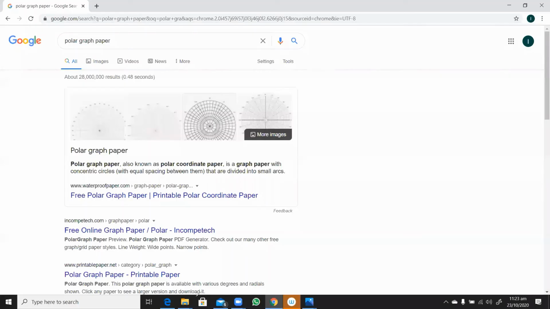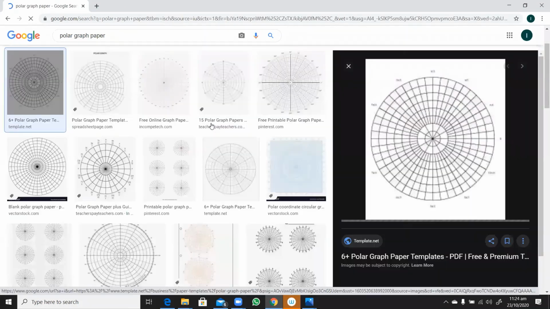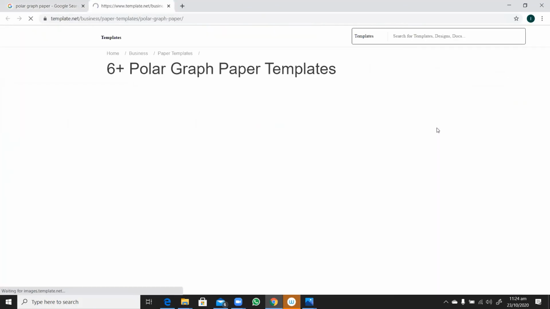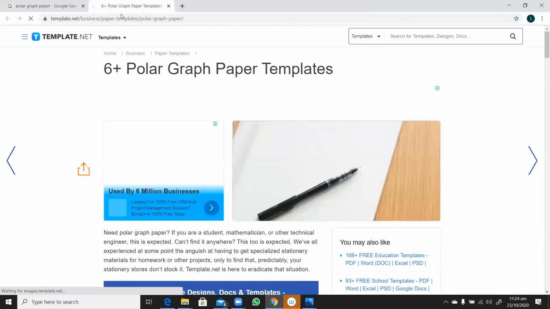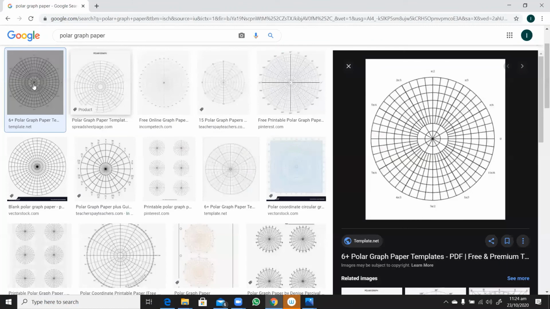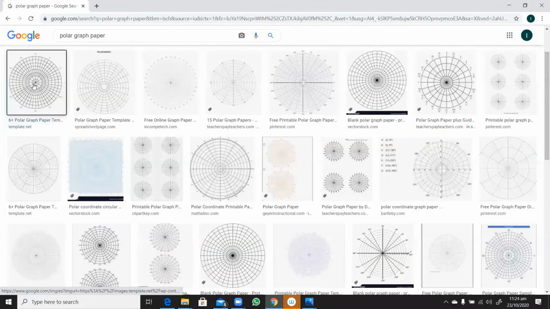I have just searched for the polar graph paper. In the polar graph paper, typically we have all the angles. Look at this. If I could enlarge this. These are the graphs here.